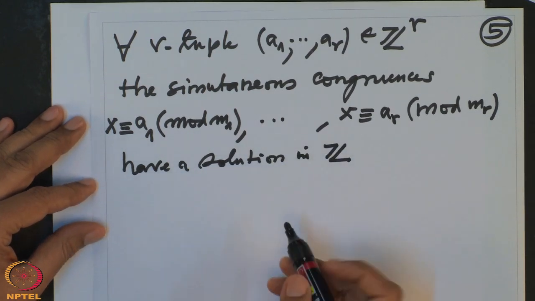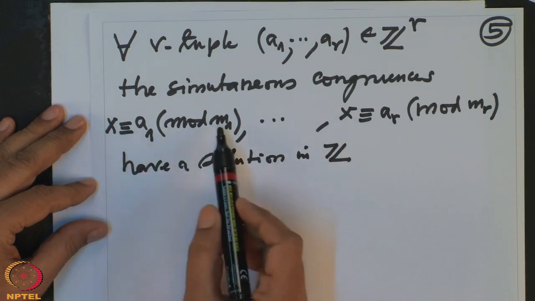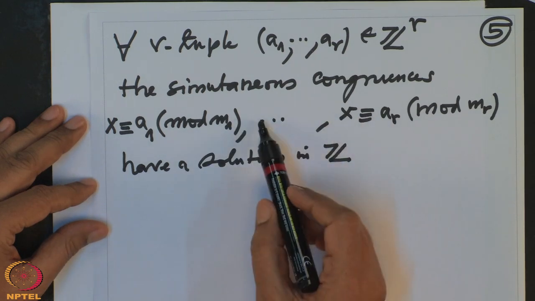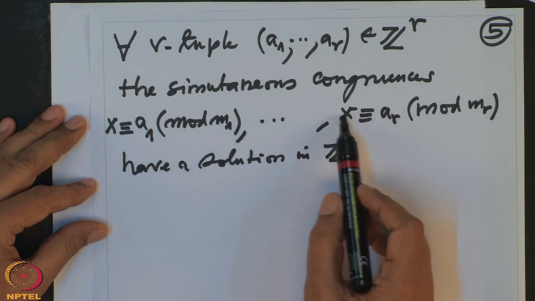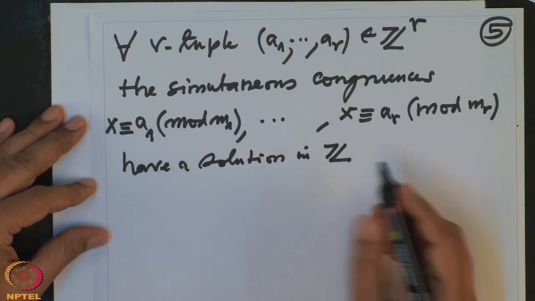This simply means there exists an integer x, so that x is congruent to A1 mod M1, x is congruent to A2 mod M2, and so on, x is congruent to AR mod MR. Definitely there is a solution.